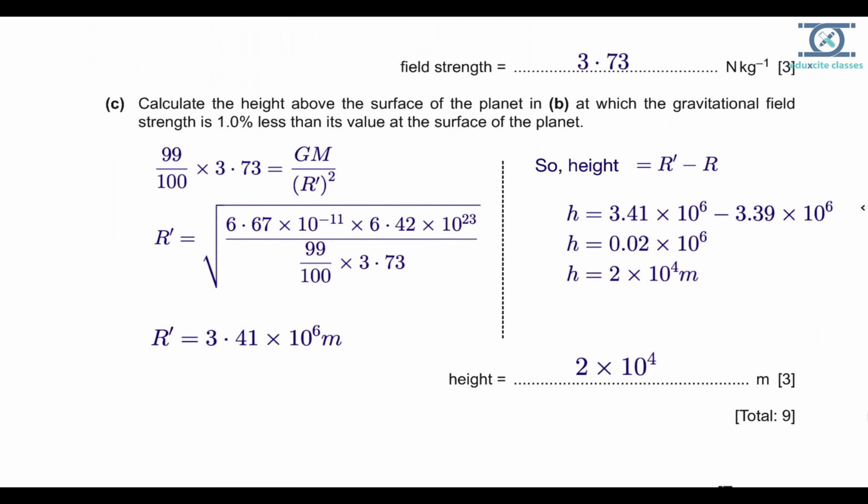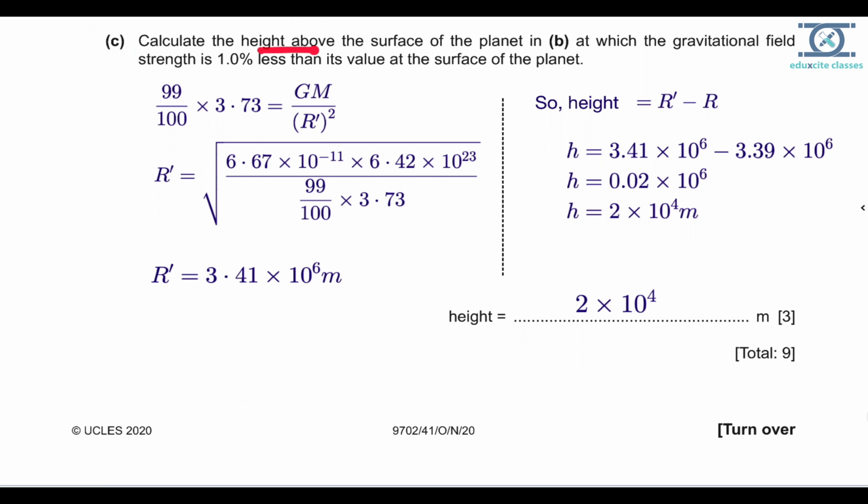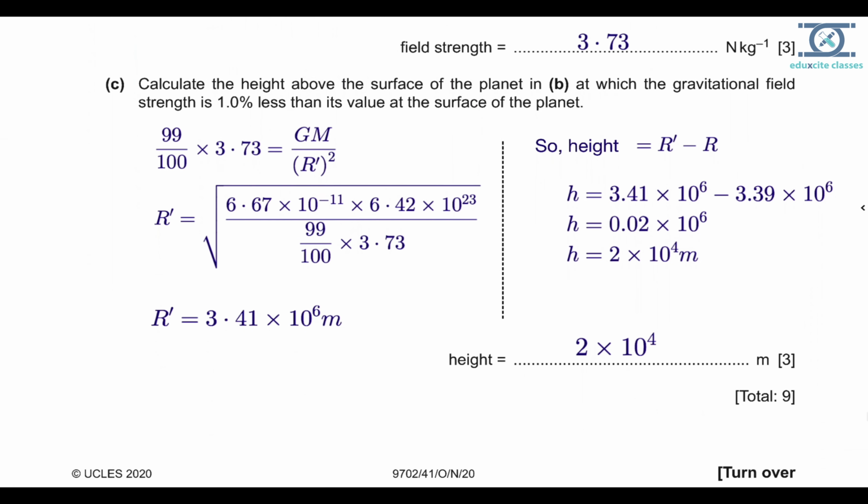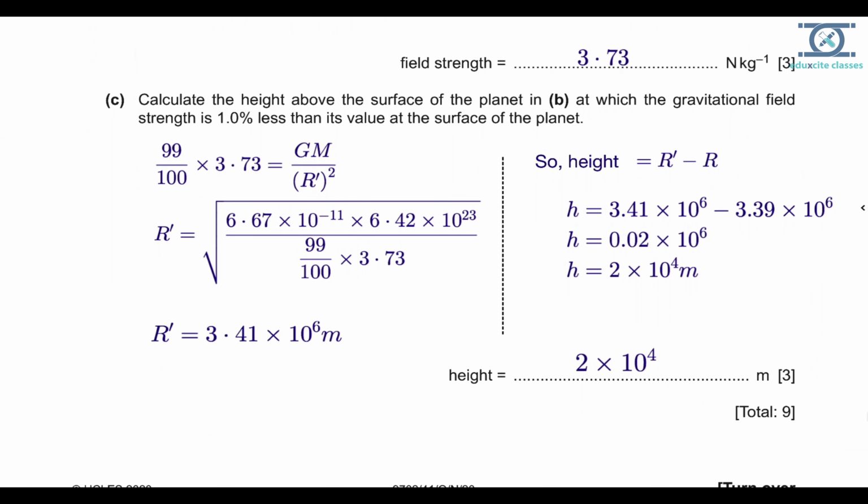Now in the C part, you can see: calculate the height above the surface of the planet at which the gravitational field strength is 1% less than its value at the surface of the planet. So we are supposed to calculate the height where the gravitational field strength decreases by 1%, that is 99% of the value we calculated in the B part.